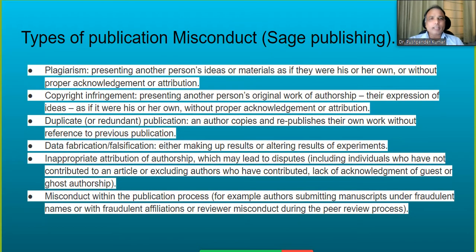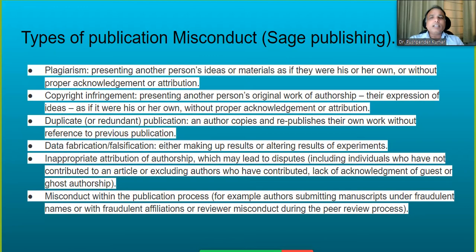This we have already discussed, but Sage Publishing has defined plagiarism. What is plagiarism? Presenting another person's idea or material as if it were your own, or without proper acknowledgement or attribution. Second, copyright infringement. Many times you will see that things are copyrighted, and without their permission you cannot use it, you cannot print it, you cannot copy it.